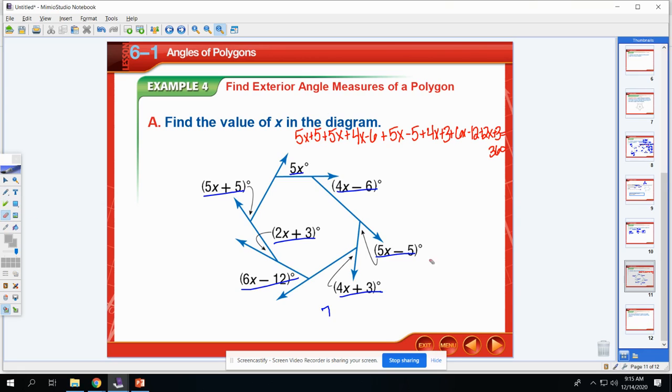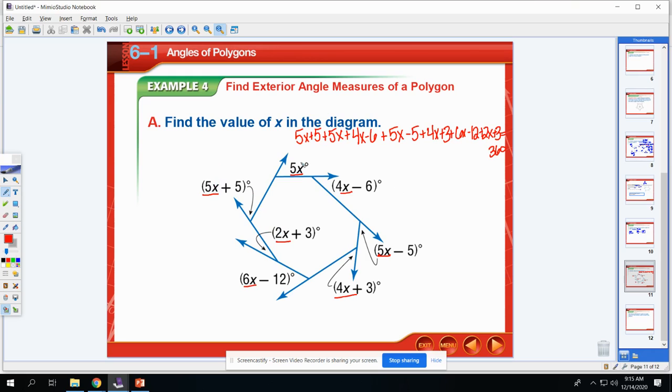So this is what I want you guys to do anytime we know this situation. We know that we're going to have to add up all of these and set this equal to 360. Something that may be easier than writing everything out is just going through and combining your x's and your non-x's before you start your equation. So I'm going to underline each of our x's in red and add them together.